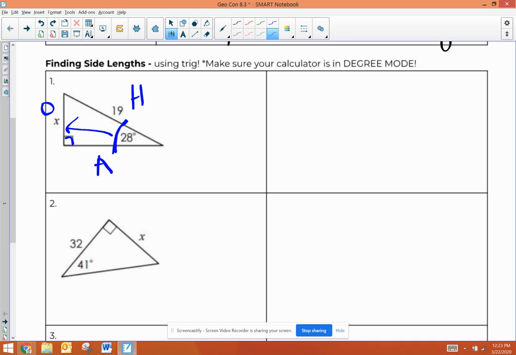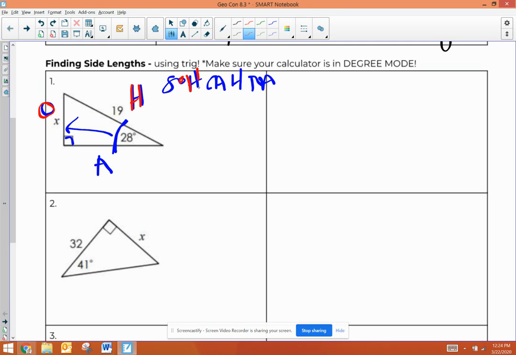So in my head, I'm thinking SOH CAH TOA, and I want to see what I have. What I have is the hypotenuse, I have a number for that, and I have to find the opposite side.